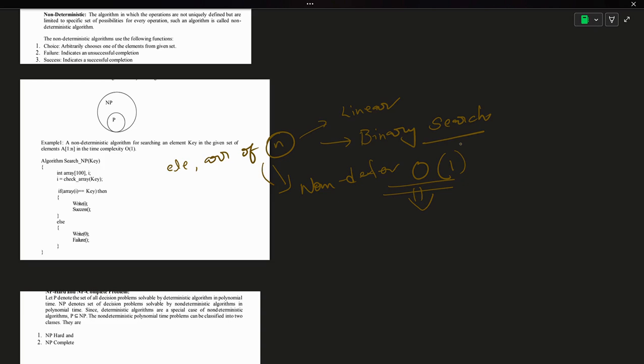Though I don't know what exactly happens behind the scenes, I just want to write a brief overview of how it is working. See this example. There is an array. This is the index, or we can say this is the answer. This check array is a function which takes this key and the array.